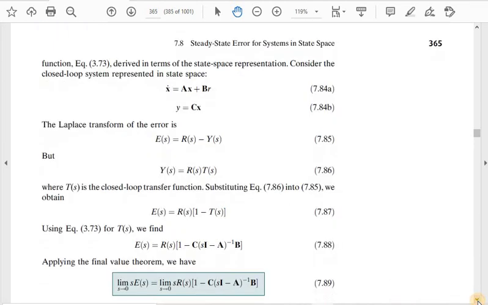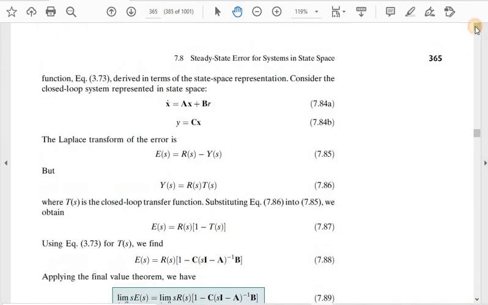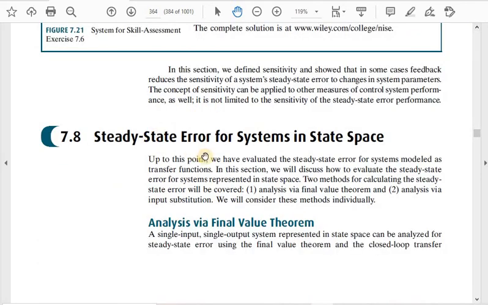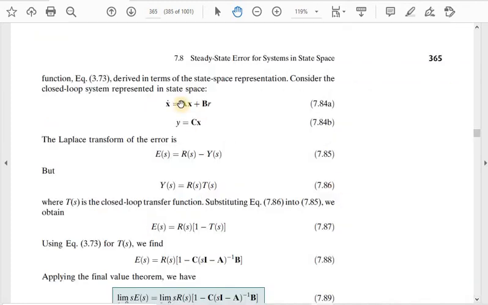Now the last topic of this chapter is steady state error for systems in state space. So actually the main idea here is to apply the final value theorem in state space. If you remember, we have the time domain representation here.